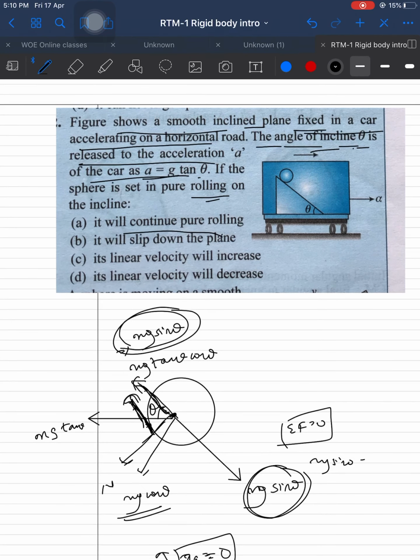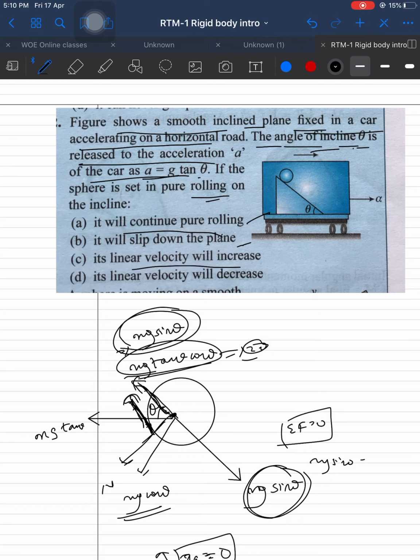Rolling depends on torque, so since it's not producing any torque, the body continues its rolling. Its linear velocity may change, but the most suitable case is that it continues pure rolling, because the contribution of the pseudo force to torque is 0.